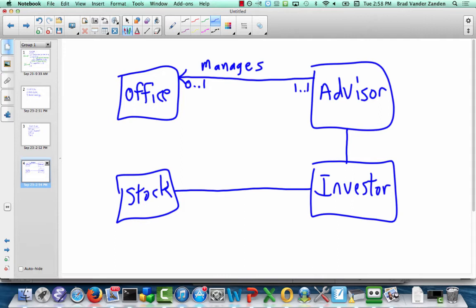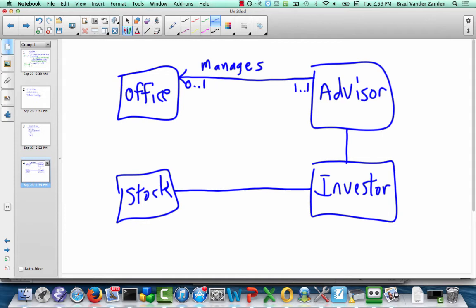This is manages. So what that is saying is that an advisor can manage 0. Not every person manages an office. So that's what that is saying. It's saying an advisor can manage 0 to 1 offices.